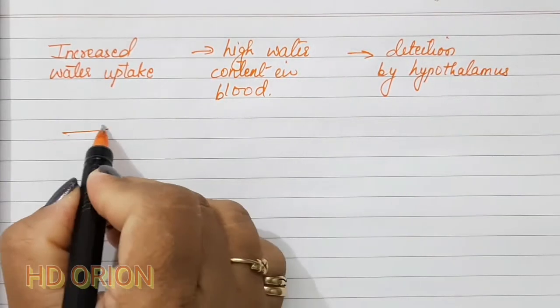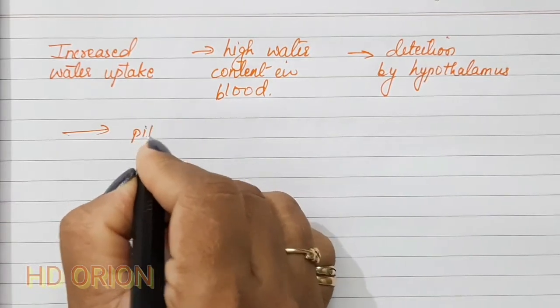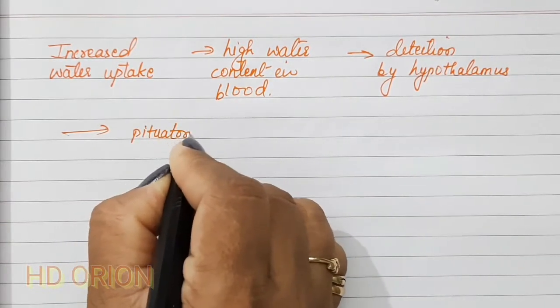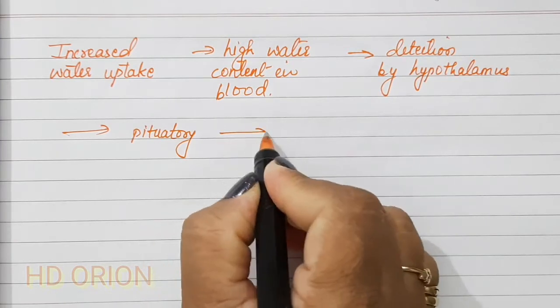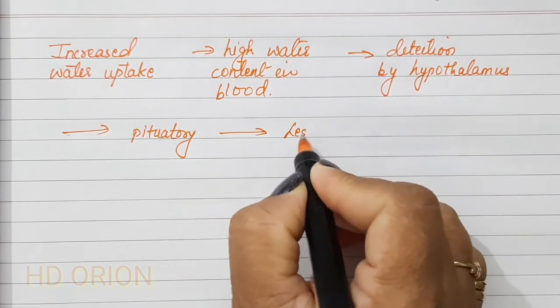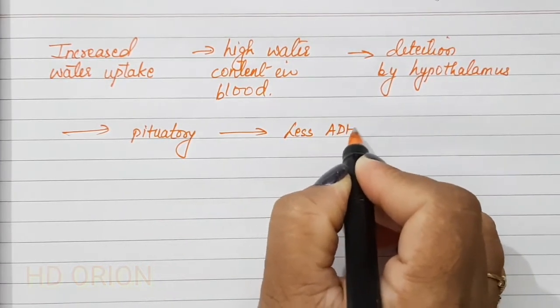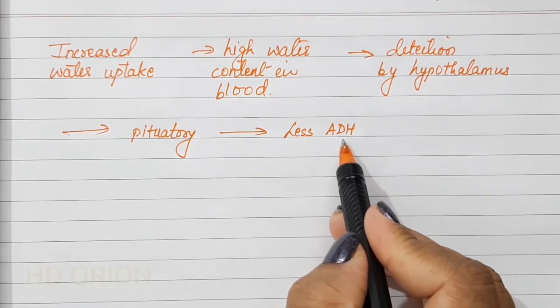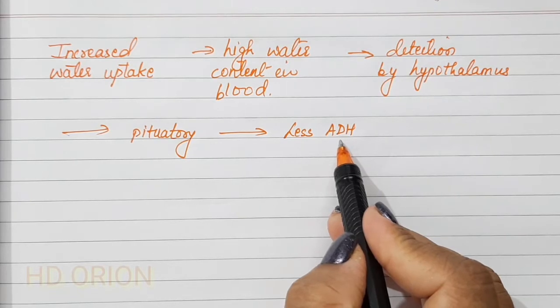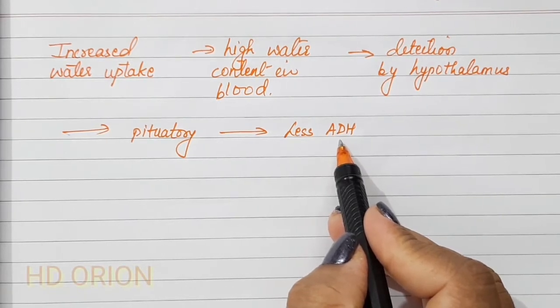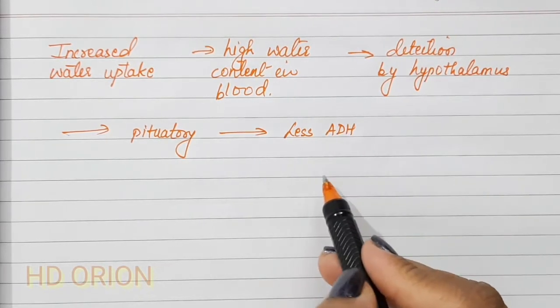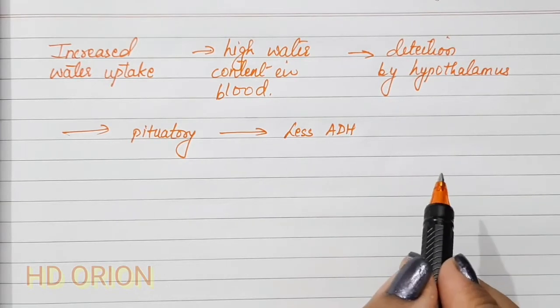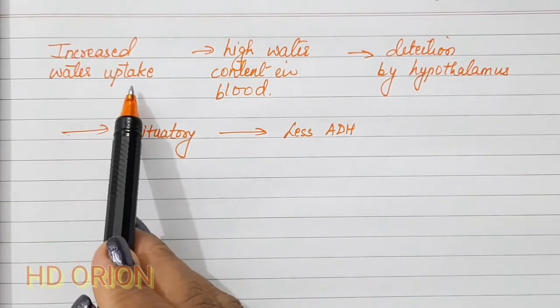This will give the message to the pituitary, the posterior lobe of pituitary, and then the pituitary will release less ADH. So when less ADH is secreted, what will happen? It will not reabsorb enough water. So the filtrate will be hypotonic.